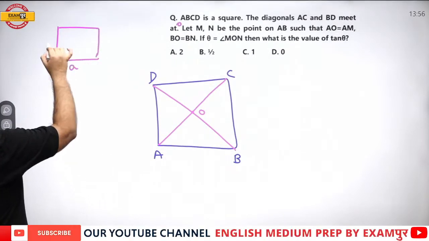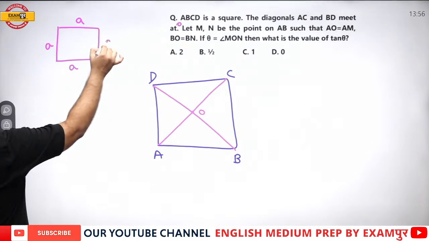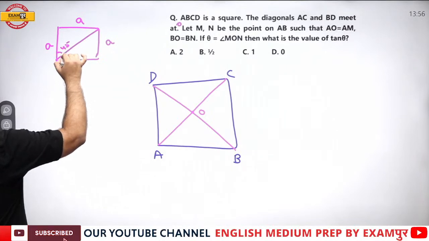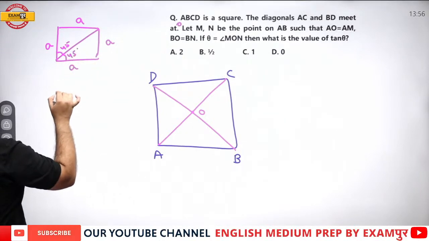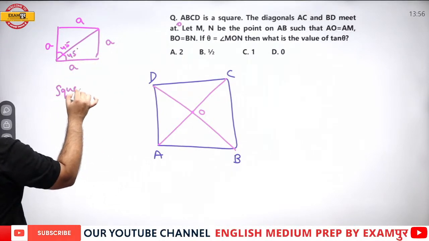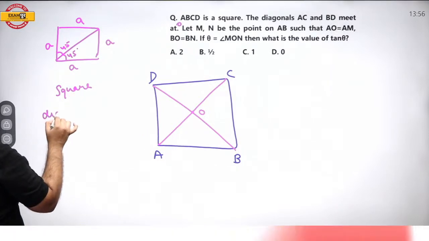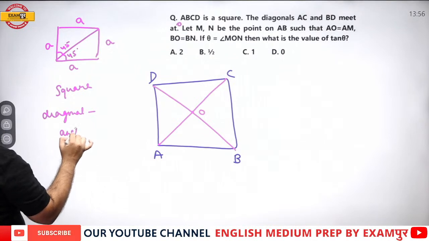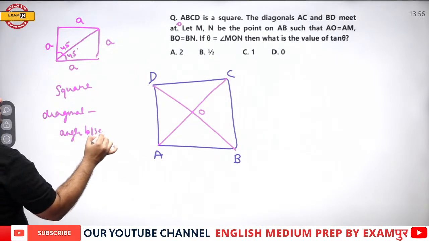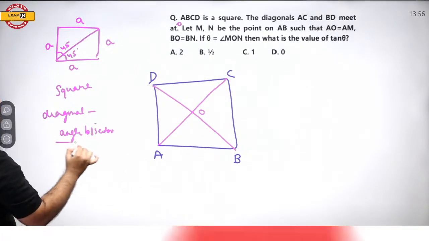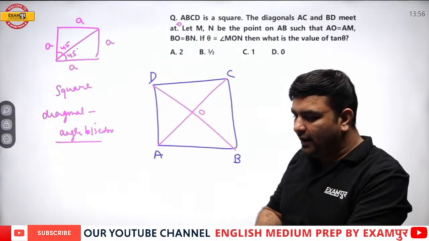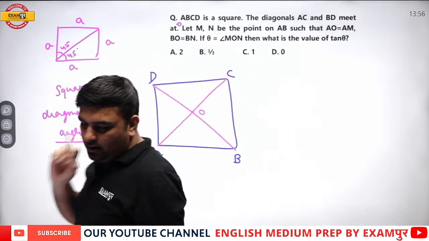Not in other cases, but in the case of a square, the diagonal is the angle bisector as well.